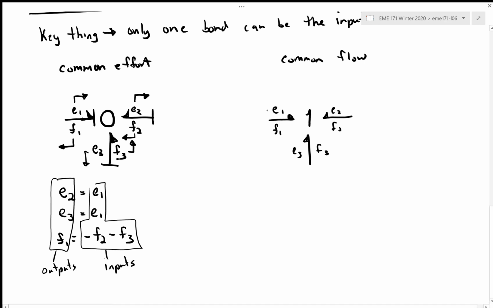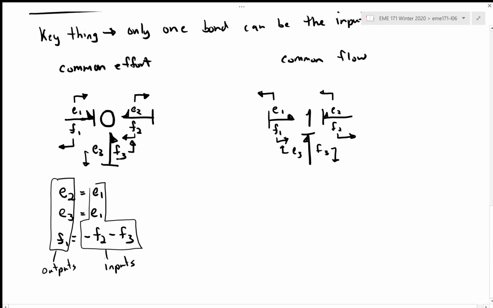I will make F1 my sole flow input to the junction, and that means that the other two have to have the causal strokes adjacent to the 1, and that will set these up so that the two E's are going to then be inputs, and those two F's will have to be outputs.